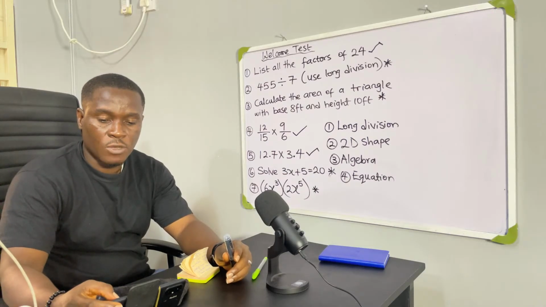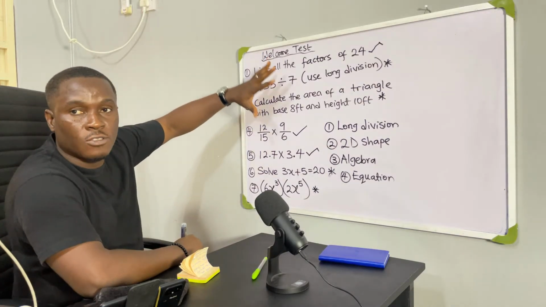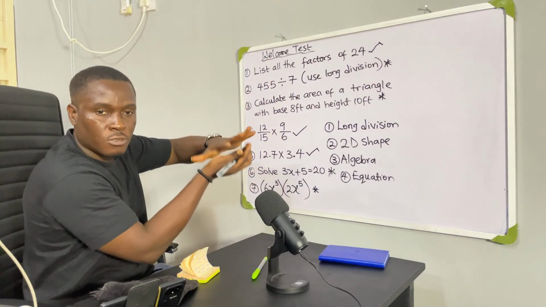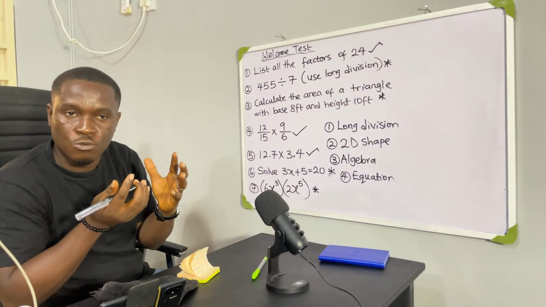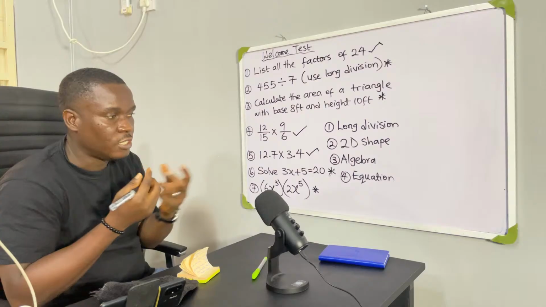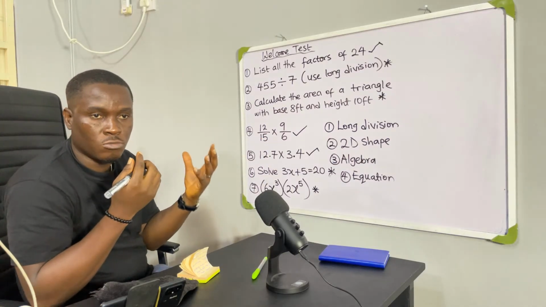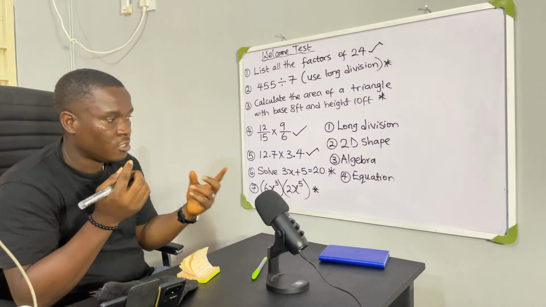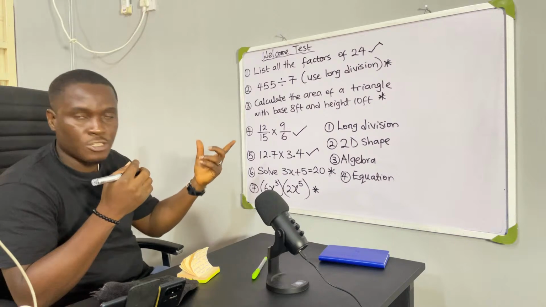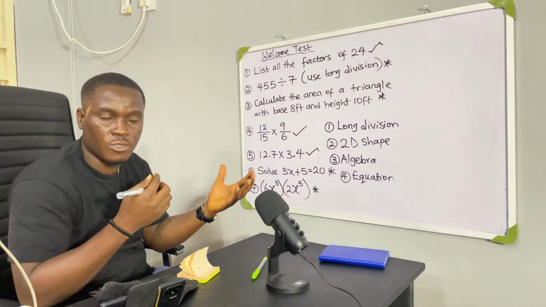So every other topic we're going to learn is going to be founded on these topics. These are the foundation, right? For example, if you want to do ratio, you need to know about fractions. If you want to solve, let's say, percentage, you also need to know about fractions because percentage will involve fractions or decimals.